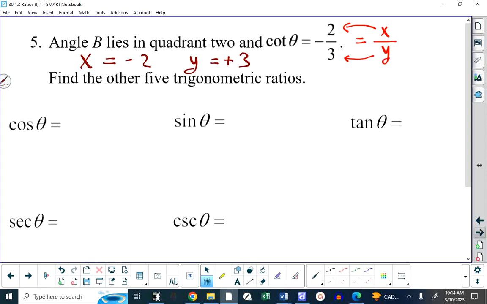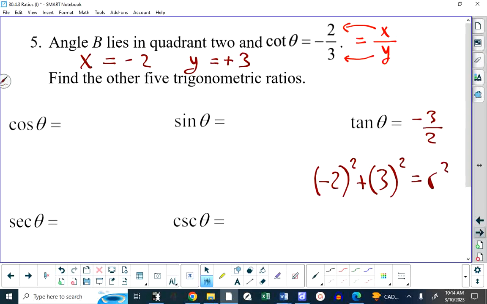What are we missing? To find the other 5 trig ratios, well, this one's easy, right? Tangent and cotangent are reciprocals. But to find everything else, I need r. Again, simple stuff. Negative 2 squared plus 3 squared equals r squared.